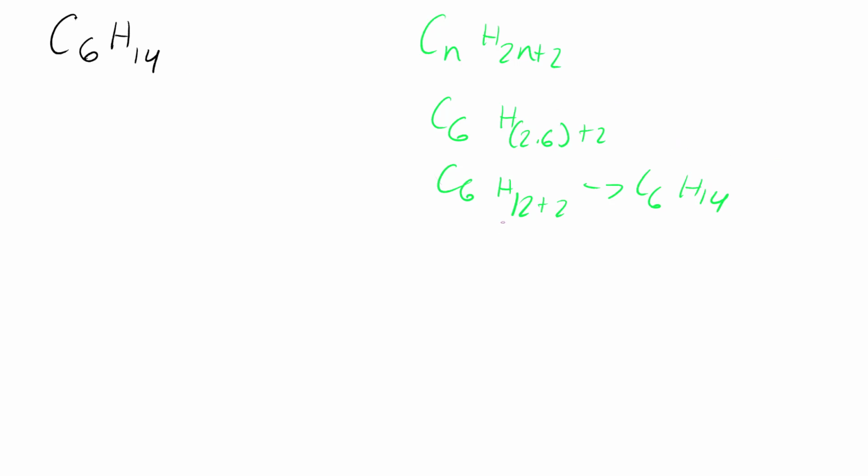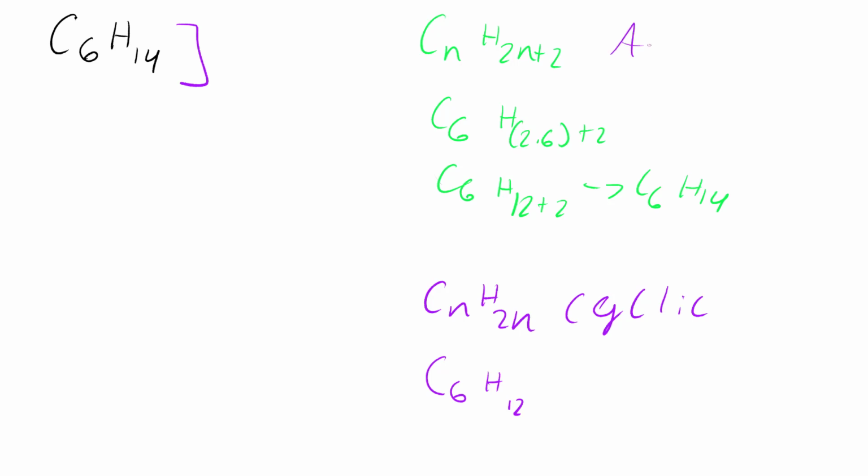Well, it matters because cyclic is going to be CnH2n, meaning that this formula would be C6H12. That would be cyclic, and this is acyclic.